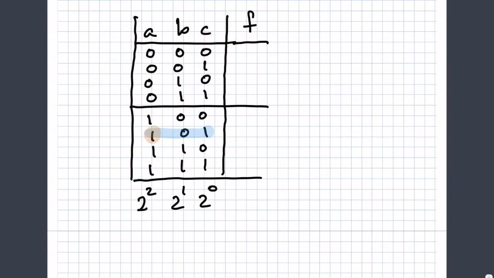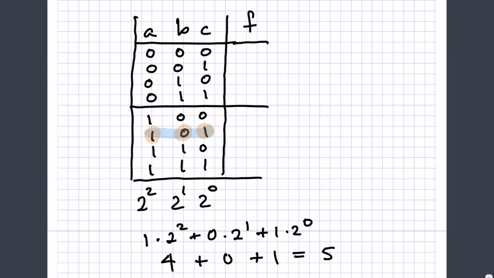So that would be 1 times 2 to the second. There's a 0 right here. So this would be plus 0 times 2 to the first. And there's a 1 here. So this would be plus 1 times 2 to the 0. All right, so this would end up being, 2 to the second is 4. And then this is 0, and 2 to the 0 is 1. So this would be represented by the decimal equivalent of the binary number 101, which is 5.